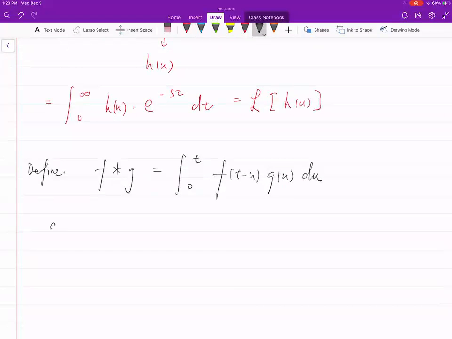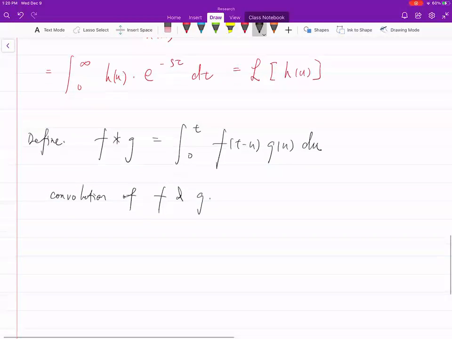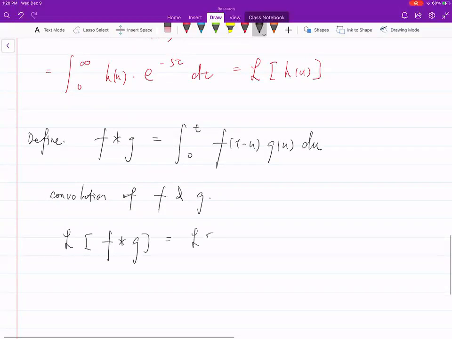We call this the convolution of f and g. According to our computation, L(f convoluted with g) equals L(f) times L(g).